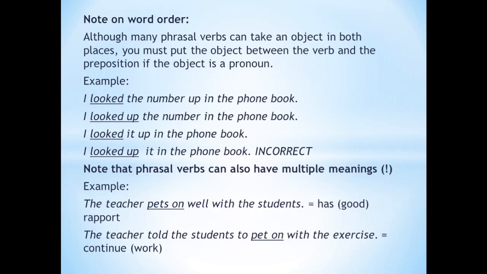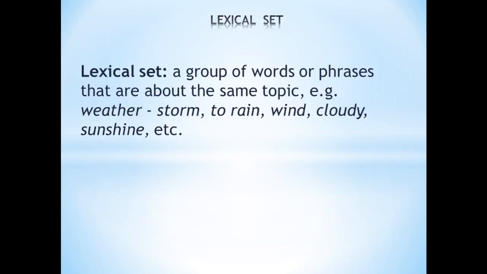Lexical set. A lexical set is a group of words or phrases that are about the same topic. For example, weather. So the topic is weather, and the words may be storm, rain, wind, cloudy, sunshine, etc. Or it may be a topic such as classroom things.